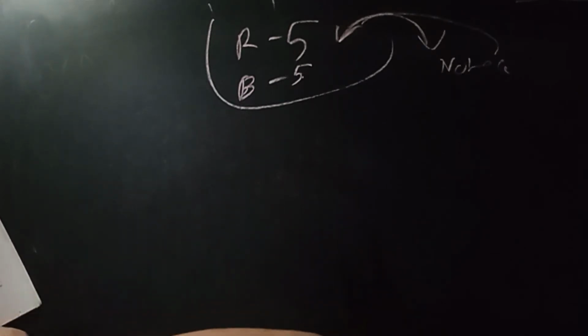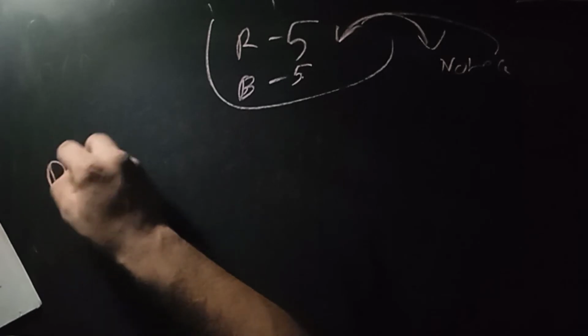And moreover, 2 additional balls of that color are drawn and put in the urn. Then a ball is drawn at random. What is the probability that the second ball is red?